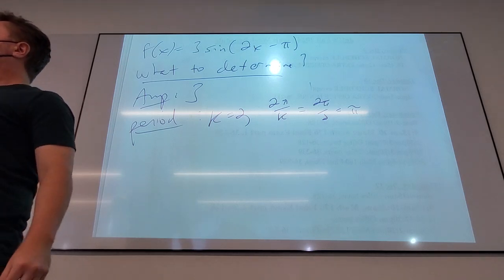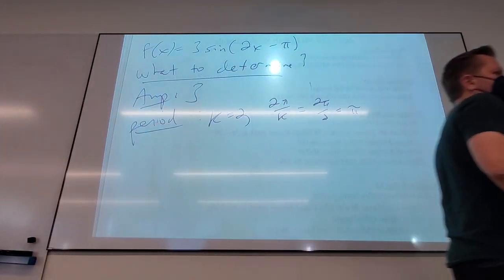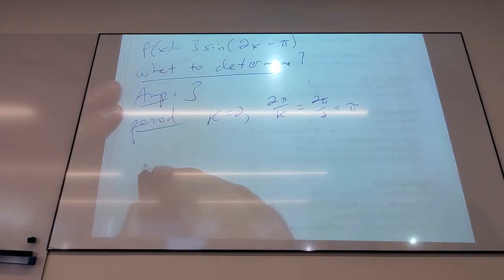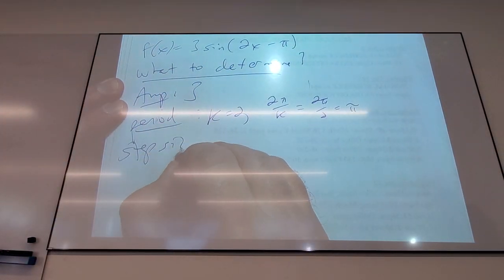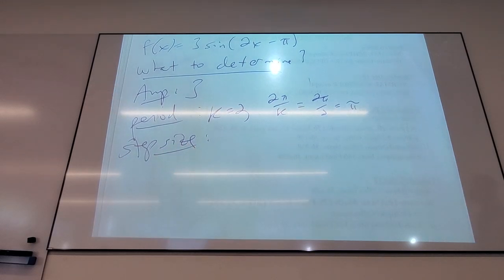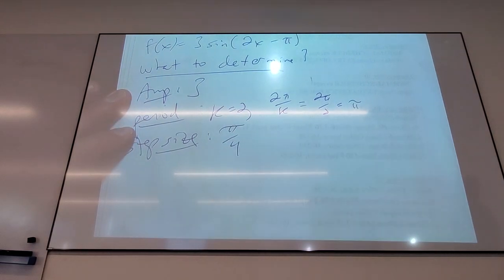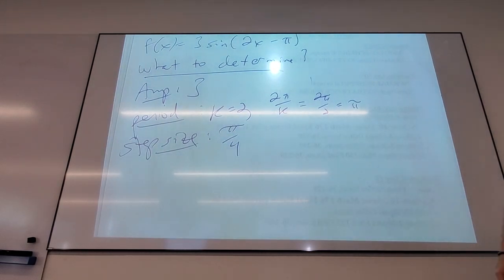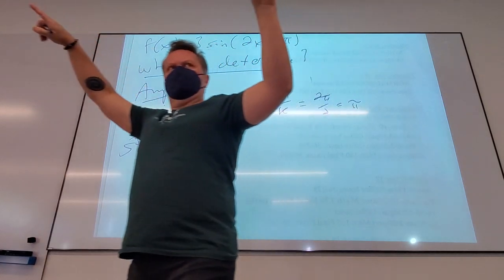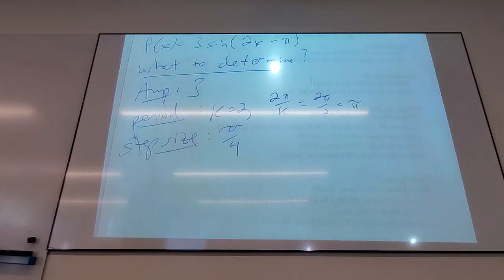Say step size. Step size, guys. The new period divided by 4. Yes. That's how big. So sine normally goes 0 to 2 pi: 0, pi over 2, pi, 3 pi over 2, 2 pi. 1, 2, 3, 4 steps.